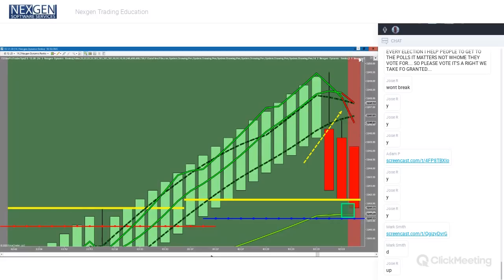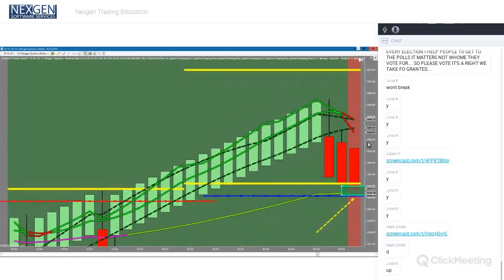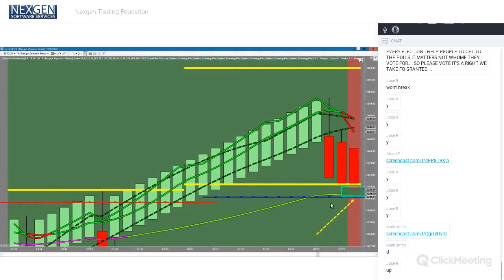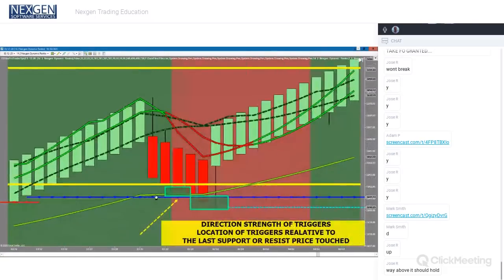So looking at the location of your triggers relative to the area and the overall strength of your triggers, you can go into the Fibonacci areas with what? An anticipation of what's going to happen before it happens. Now, you still have to have a trading rule met in order to take a long trade. But once you have the correct anticipation, it doesn't get very difficult.